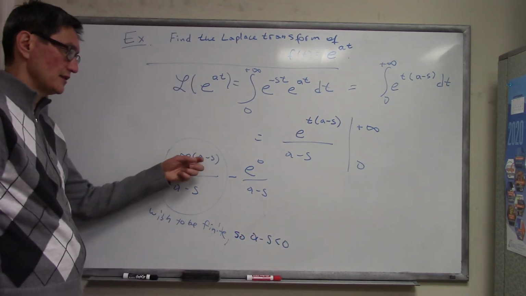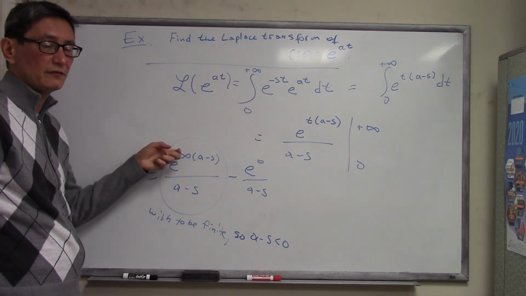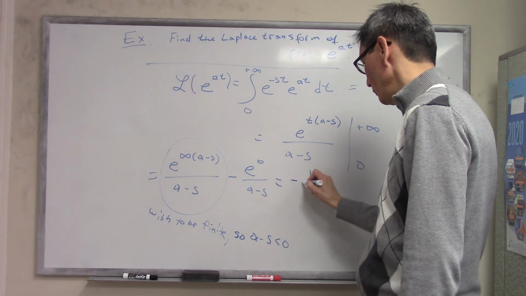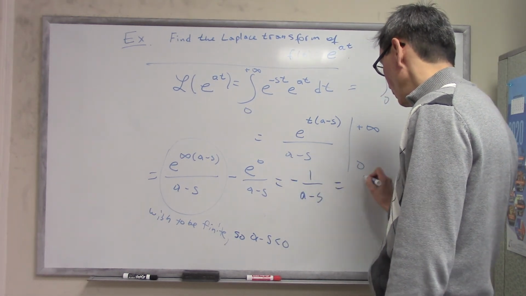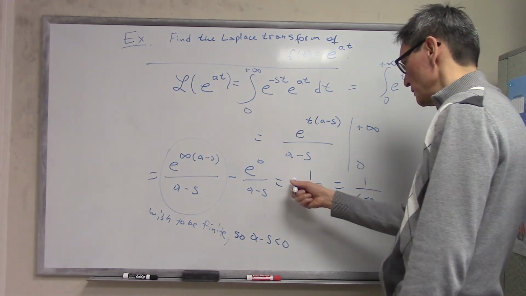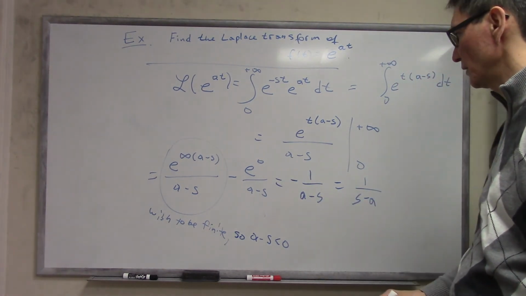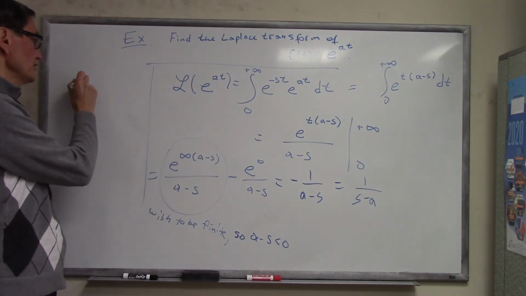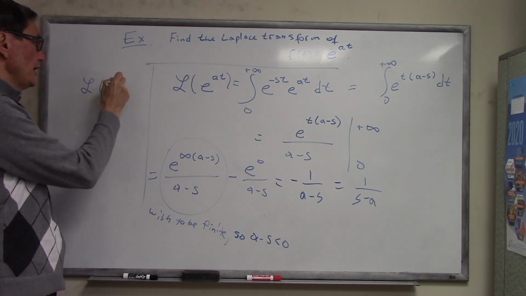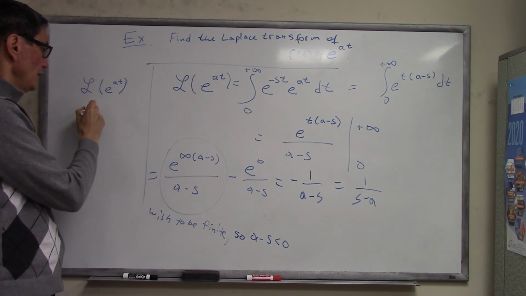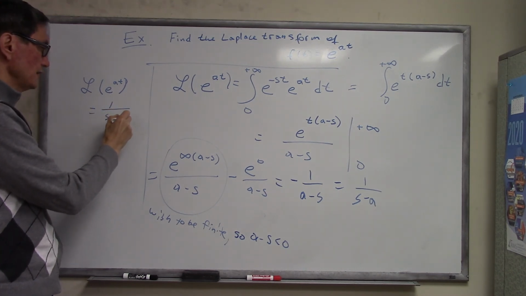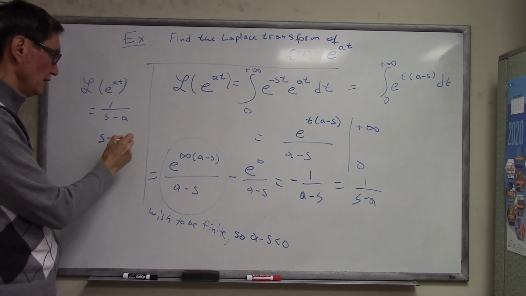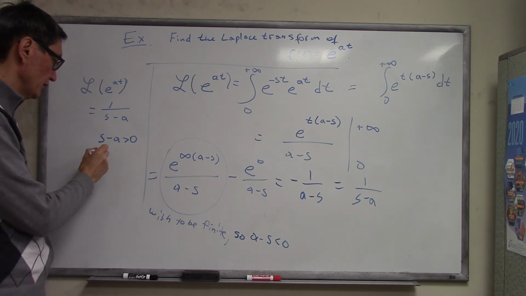If a minus s is less than 0, e to the negative infinity is 0. So we're going to get negative 1 over a minus s. It's more convenient to distribute the minus inside, so we're going to get 1 over s minus a. So to summarize, Laplace transform of e to the at equals 1 over s minus a, under the assumption that s minus a is positive, or under the assumption that s is bigger than a.